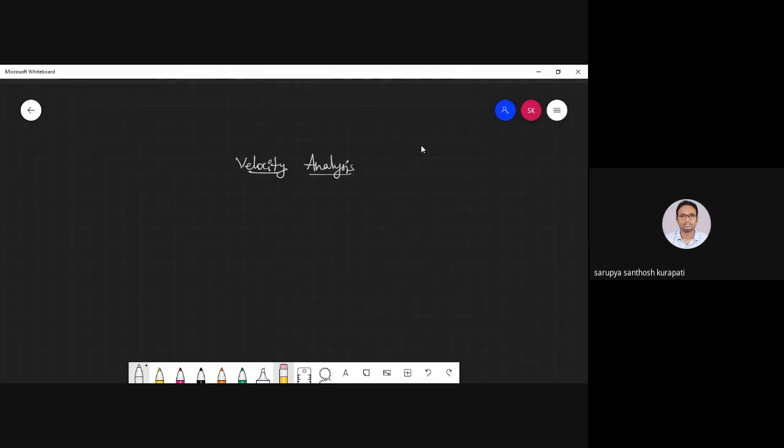So we'll discuss now about the velocity analysis. I hope you know the difference between angular velocity and linear velocity. This is unit 2 or topic 2, which is velocity analysis. Here in this particular topic, we can solve the problems by using two approaches.